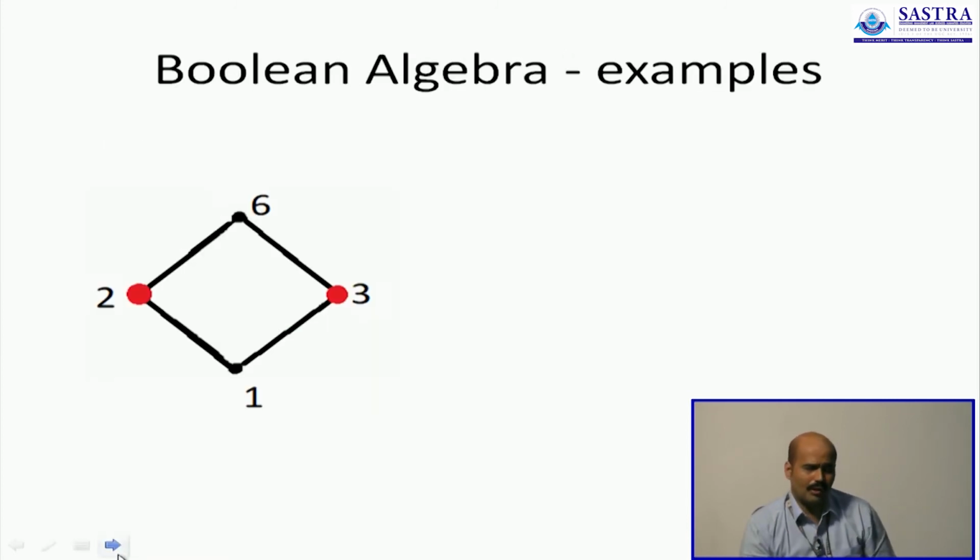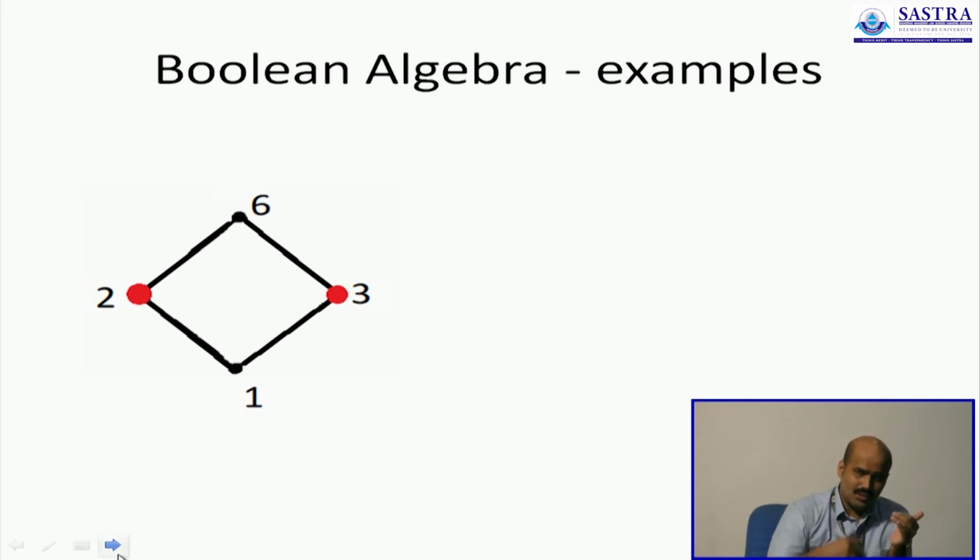Before that, we'll have a look at a couple of examples. Now you will see that this is a lattice. You've already seen this. And we also see that 1 and 6 are complements of each other, 2 and 3 are complements of each other. It is also easy to verify that it is distributive, and hence this forms a Boolean algebra.